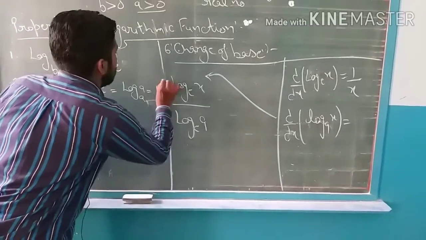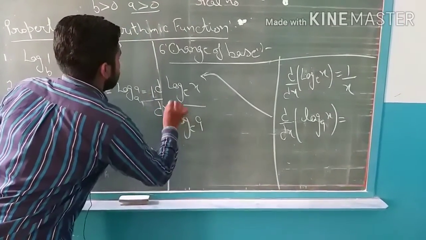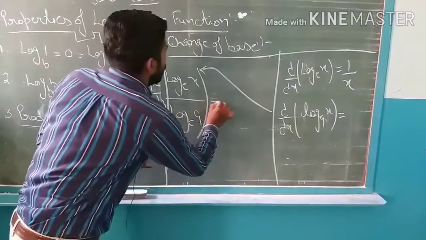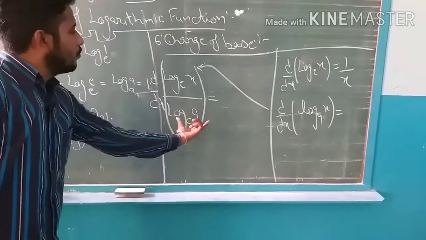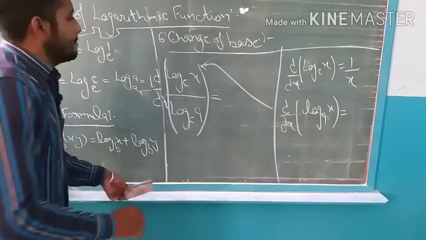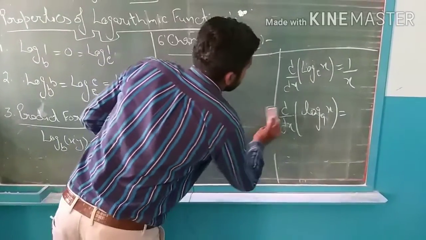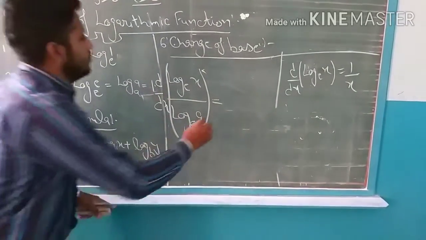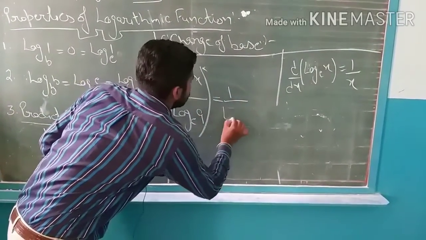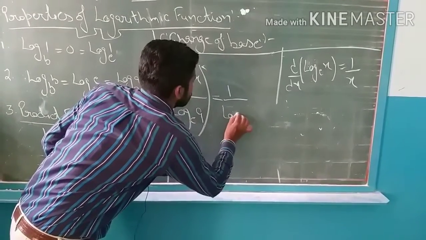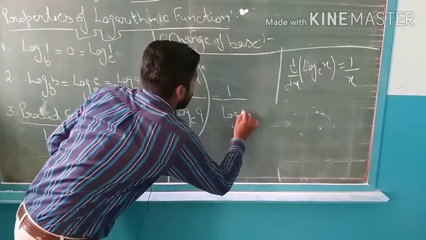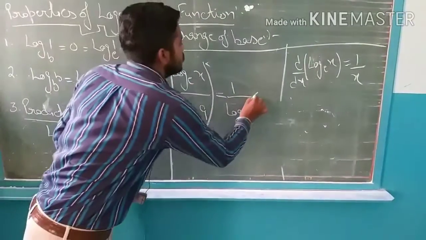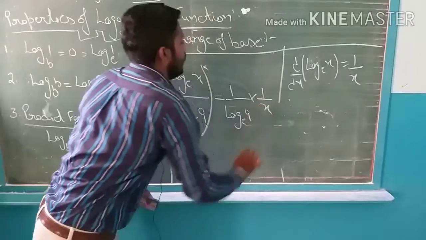Here d by dx of this whole expression is under derivative, and now log of 9 is constant. This will come out from the derivative, and the derivative of log x with base e we all know is always 1 by x.